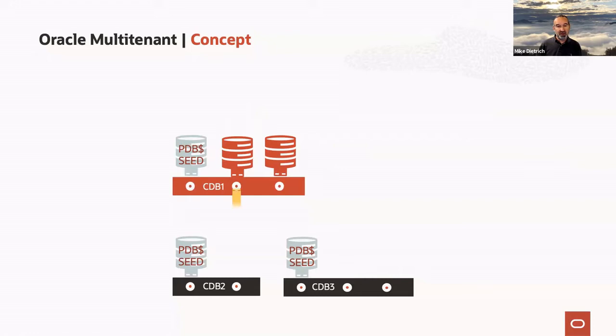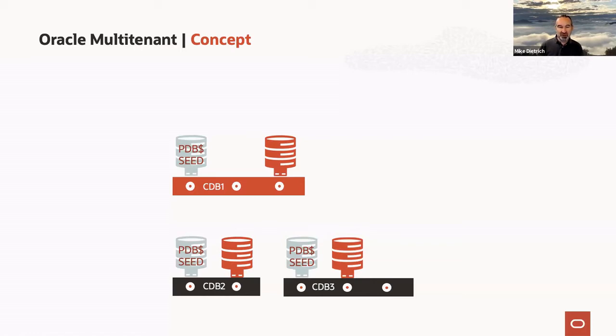But I can also do remote cloning, or I can unplug and plug into a different one, which can even have different patch levels. And to make the data patch part really smooth and flawless, we included the SQL and PL/SQL part of a patch into a view inside the PDB.